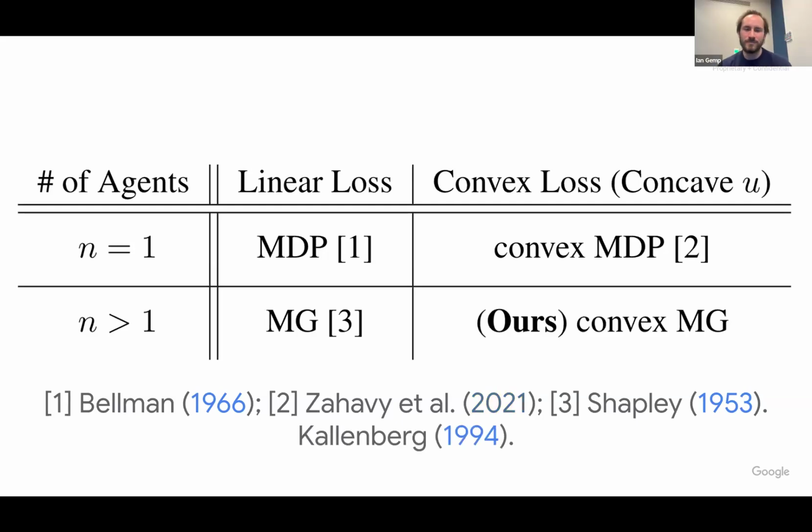I cited some old work for each of these. MDPs were studied starting in the 50s, same with Markov games and stochastic games. There's not an easy way to pin down a citation for convex MDPs. They arise from studying the dual program of MDPs.